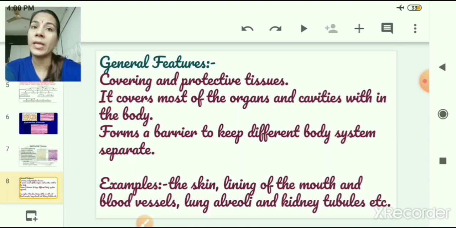Similarly, there are so many cavities in our body. These cavities also have a lining of epithelial tissues. Epithelial tissues also form a barrier to keep the different body systems separate from each other. Examples of such tissues are the skin, lining of the mouth and blood vessels, lung alveoli and kidney tubules, etc.